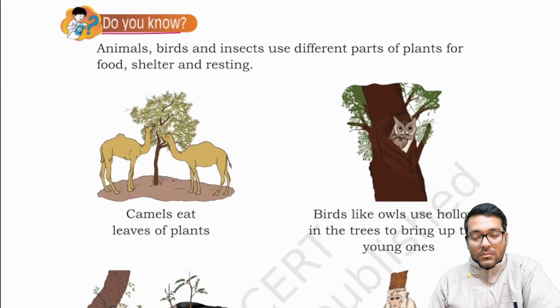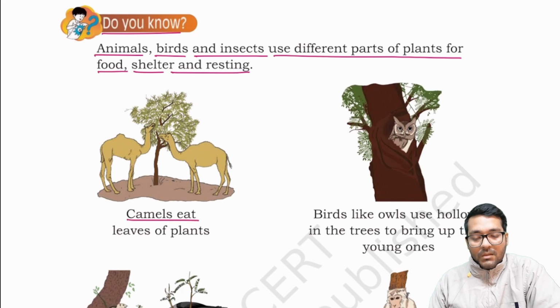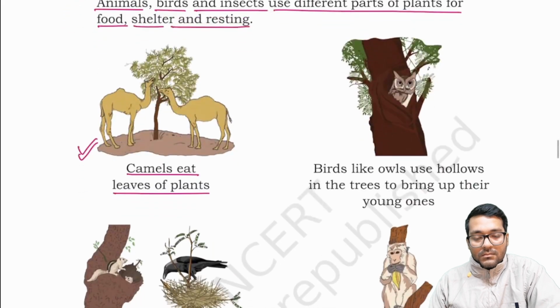Do you know? Animals, birds, and insects use different parts of plants for food, shelter, and resting. Camels eat leaves of plants. Birds like owls use hollows in the trees to bring up their young ones.